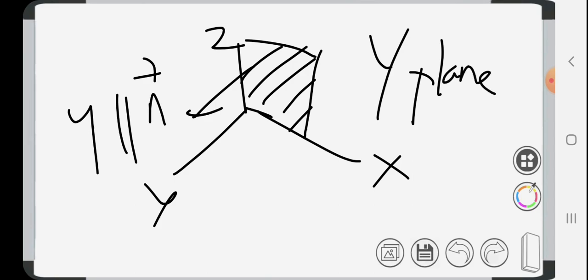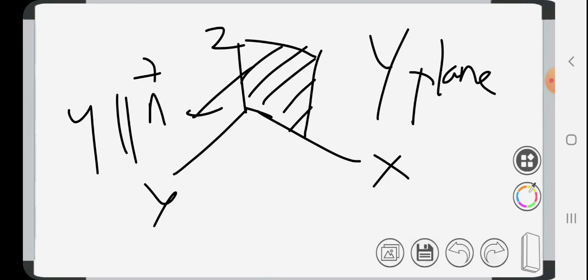Okay, students, you should always remember what is explained here for our proceeding sections. I will often use the terms x plane, y plane, z plane, so these should be clear to you. So the x plane is nothing but a plane having a normal parallel to the x axis.